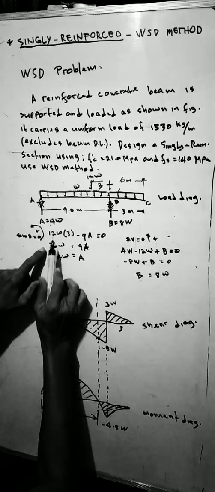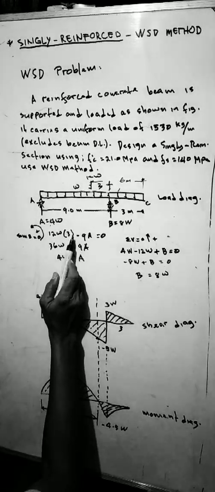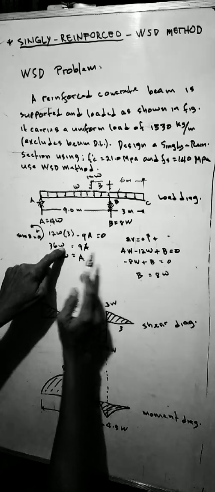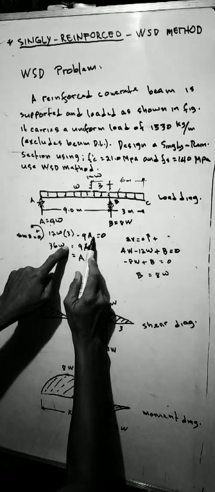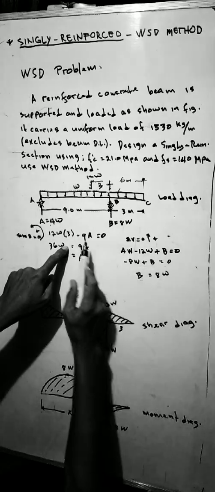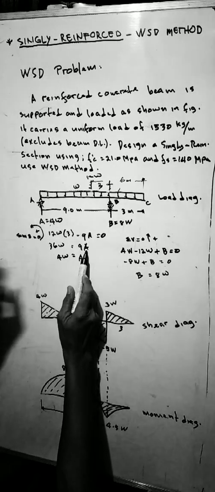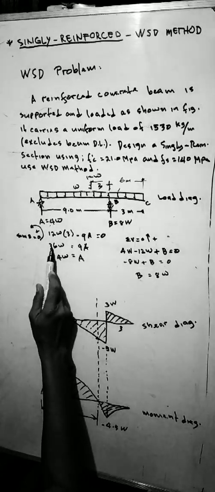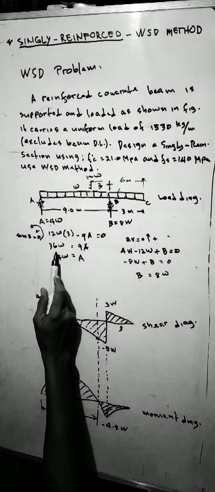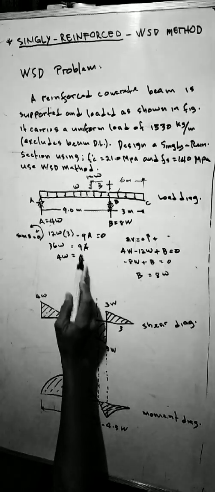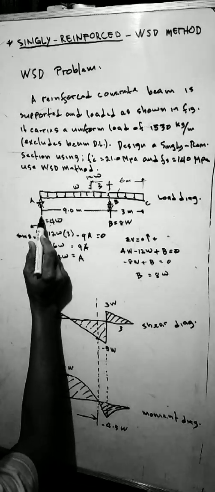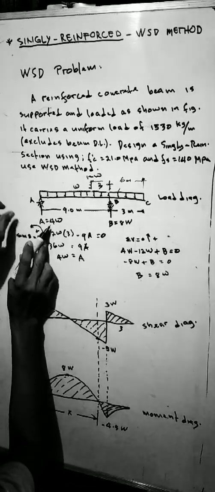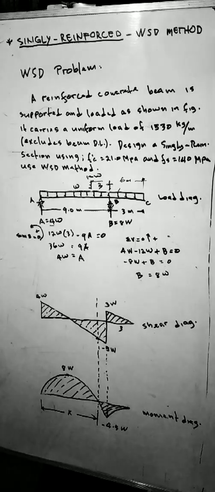So 12 times 3 is 36W, and we will transfer this one to the other side, 9A. So this is now the equation. 36W divided by 9 is 4W. Therefore, the reaction here is 4W.